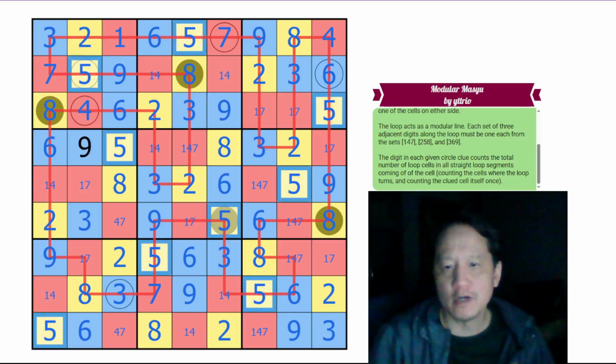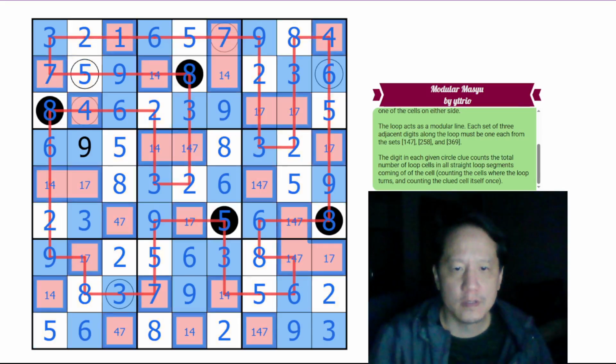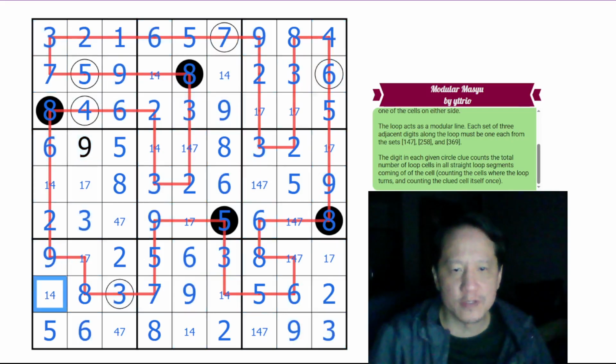We can remove the coloring now. We're going to mark this as red, and this will be green. So then this must be green here. Red is one of these two. That makes this red here.